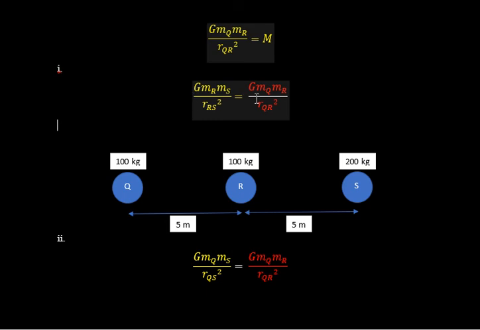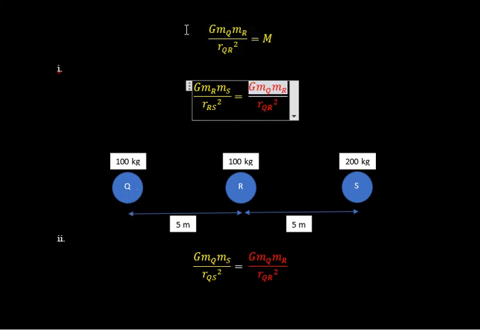In the numerator we have G on both sides, mR on both sides. What is different is we have mS on the left and mQ on the right. mS is 200 kg, mQ is 100 kg. So we need to multiply mQ by 2 so that we get 200.